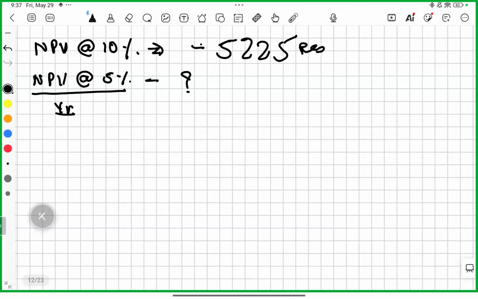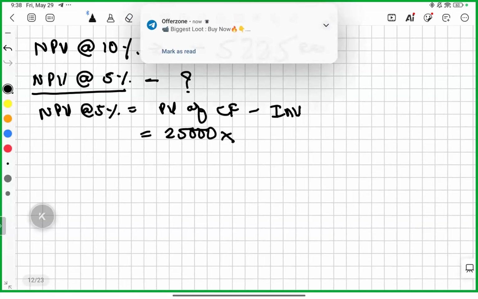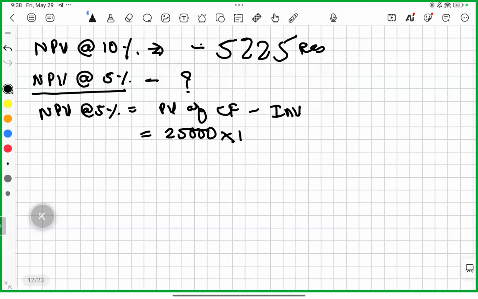NPV at 5% is equal to present value of cash flow minus investment. Present value of cash flow is 25,000 into the annuity factor, PVIFA, minus 1 lakh.